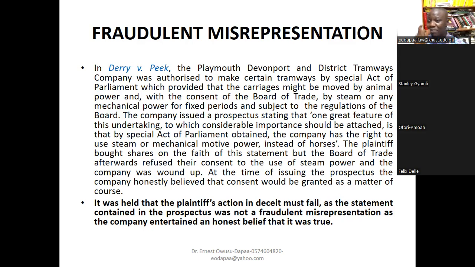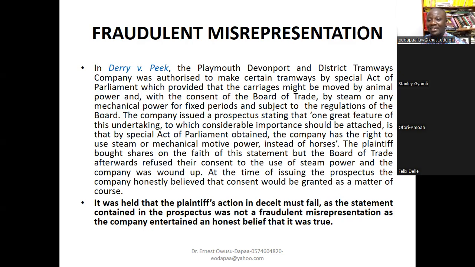So in the prospectus, the company, in trying to entice the public to invest money, made the public aware that the company had already obtained permission of the government department so that it could use steam or mechanical power to drive its carriages and not just horsepower.